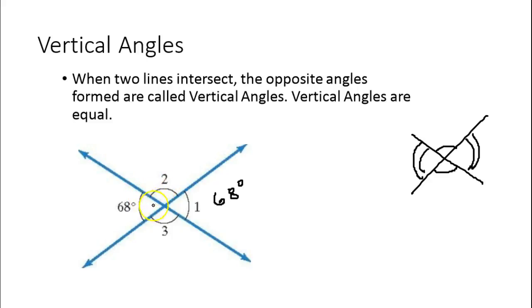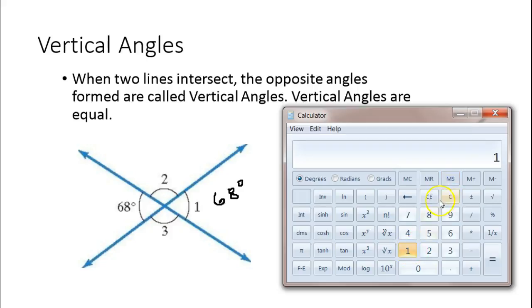And then to find angle 2, look, 68 degrees and this angle 2, they are supplementary. So I know that angle 2 is 180 degrees minus 68. Let's see if we can do that. 180 minus 68 equals 112 degrees.